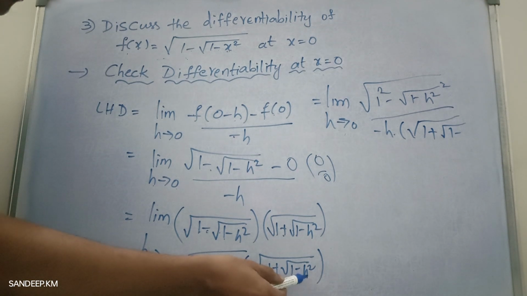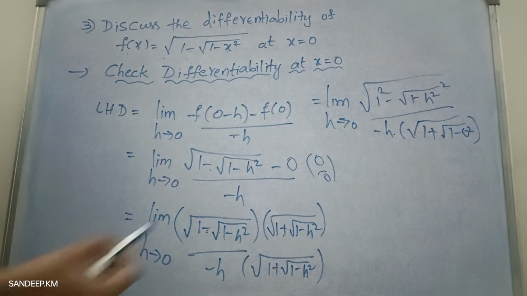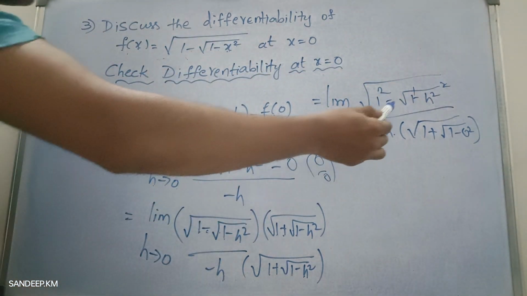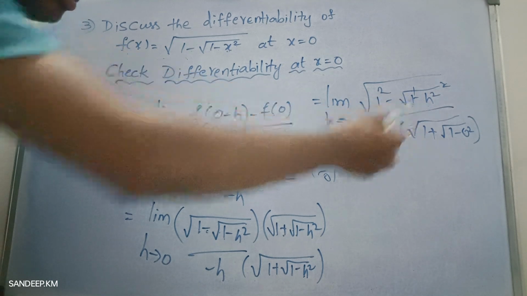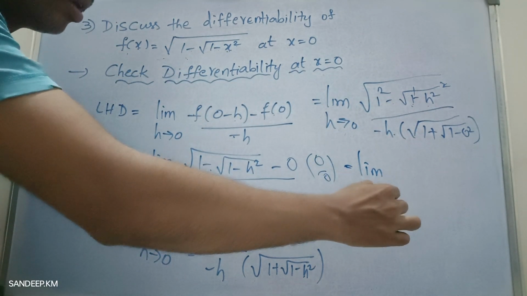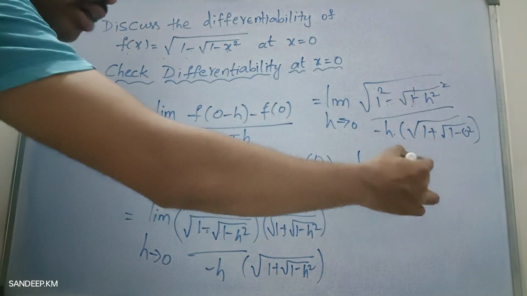In this term I can substitute h as 0, because obviously it is a finite value. So inside this particular root, square root and square will get cancelled. Please observe that minus is for both the terms, and limit h approaches 0. Plus 1 and minus 1 will get cancelled. Minus into minus h square will be plus h square.